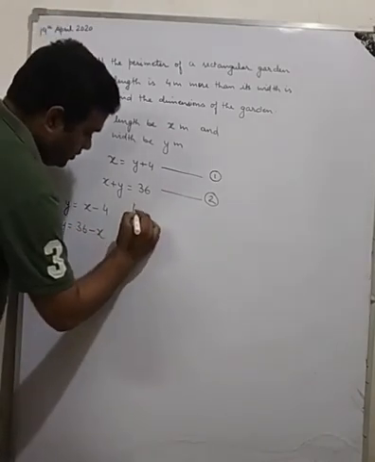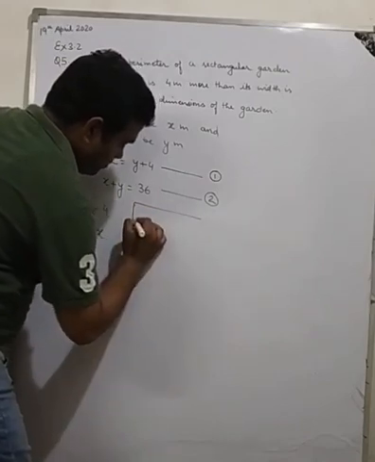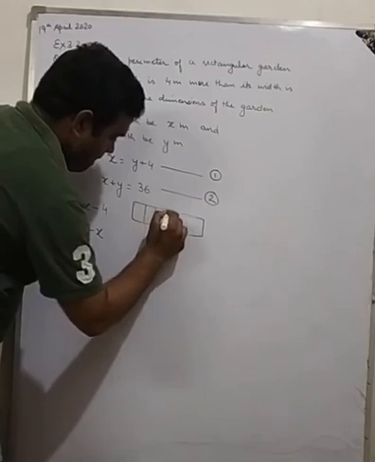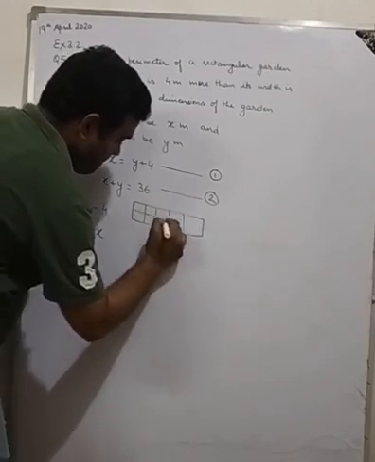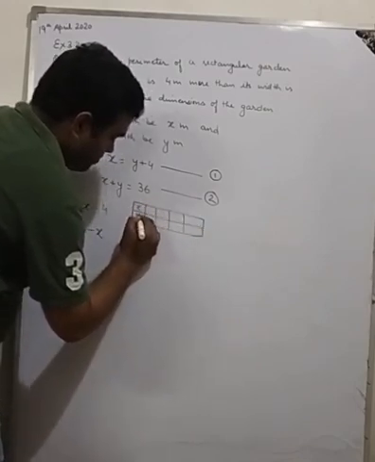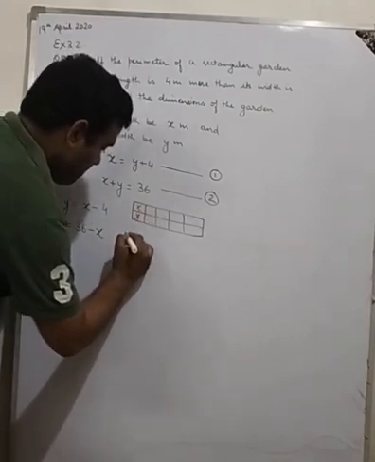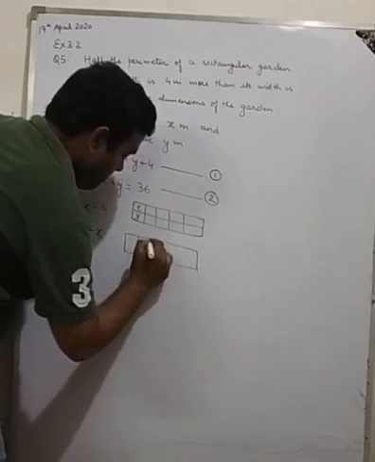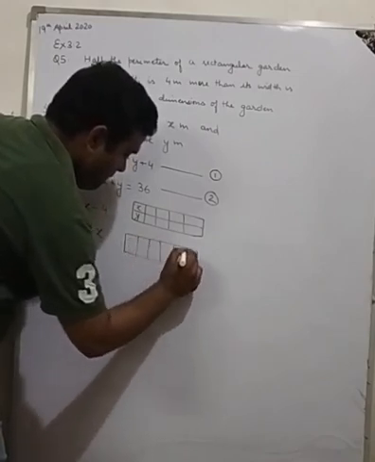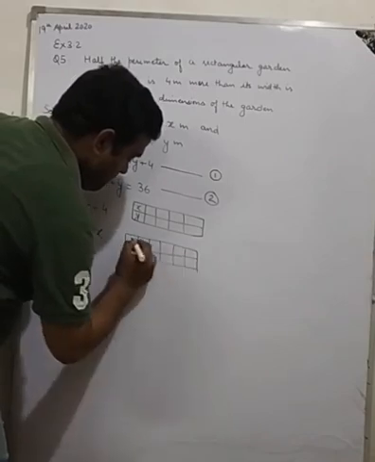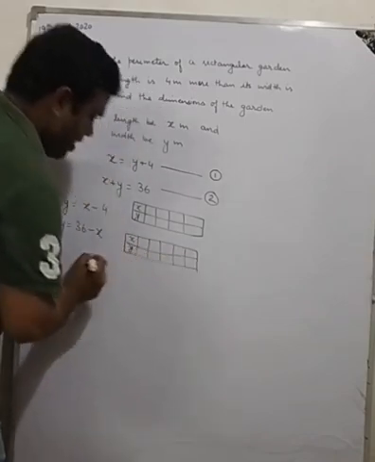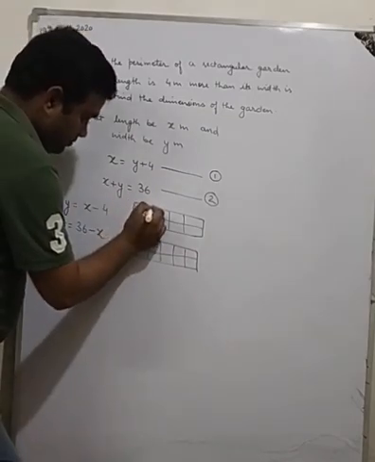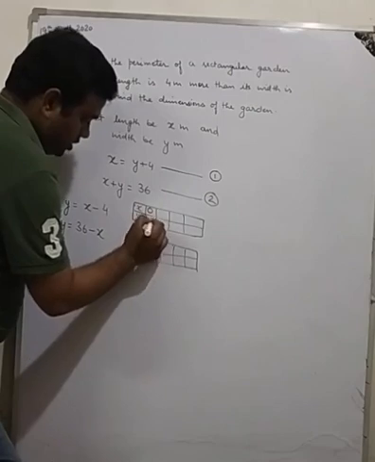For the first, if we put x is equal to 0, y is minus 4.